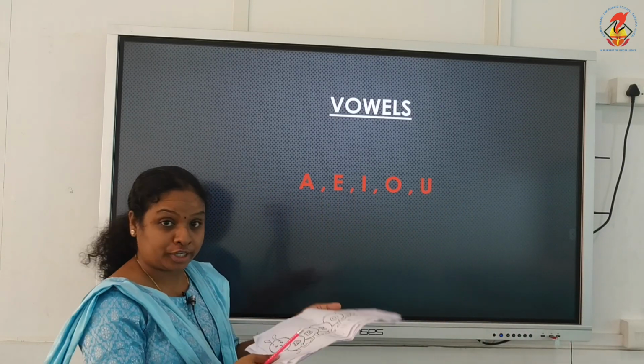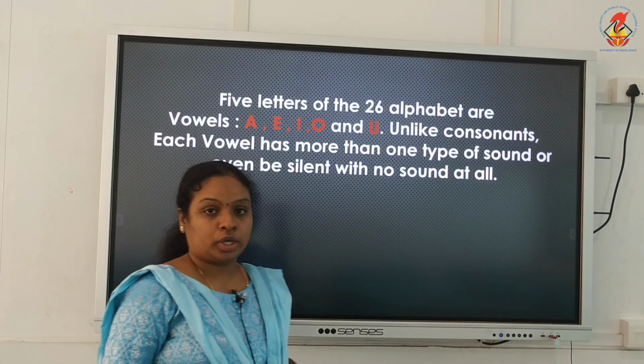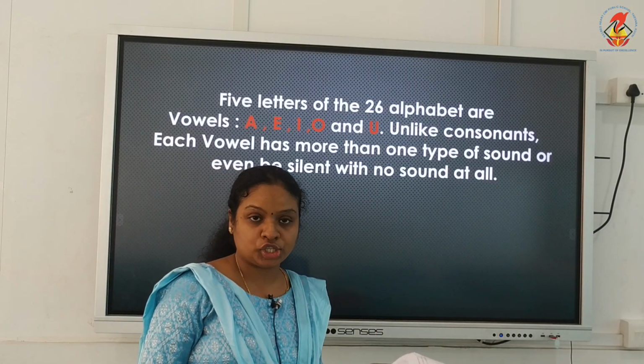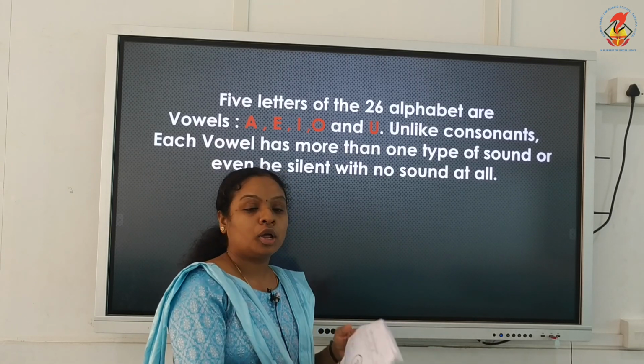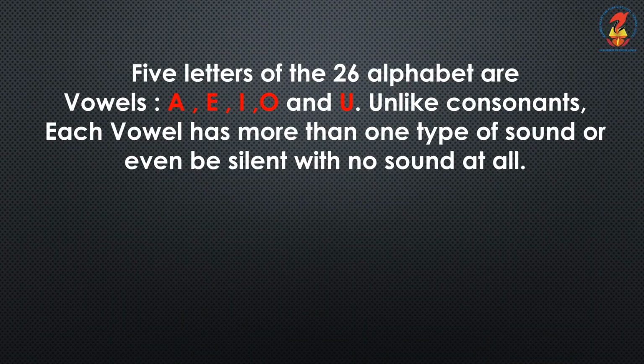Now take out your worksheet, children. Take page number 45. Look at the worksheet. 5 letters of the 26 alphabets are vowels.